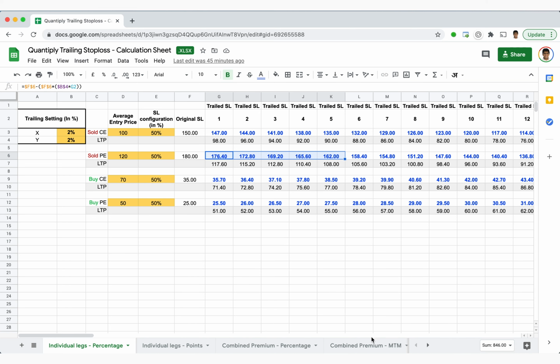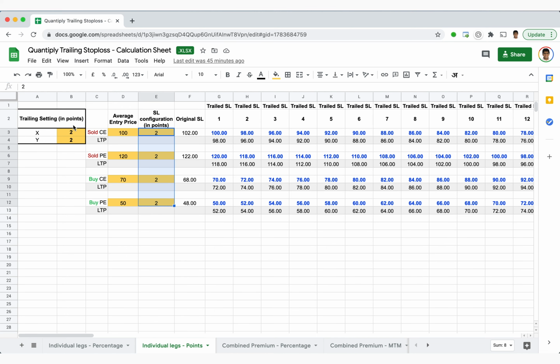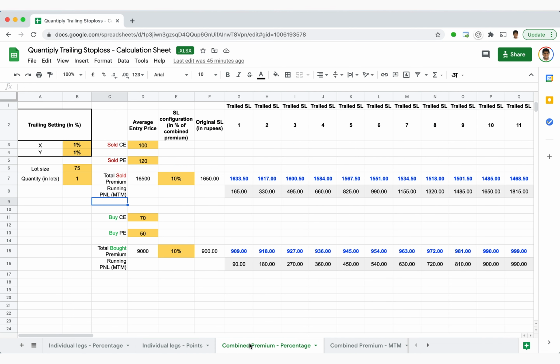There are 4 worksheets. The first one where you can give your stop loss settings and trailing stop loss settings in percentage. The second sheet where you can give your stop loss settings and trailing stop loss settings in points. The third sheet, you can give your stop loss settings in combined premium in percentage and your trailing stop loss on the combined premium in percentage.